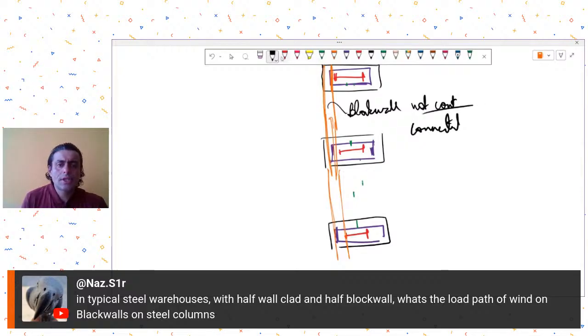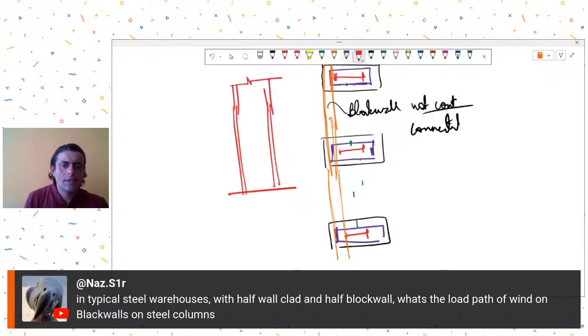In cross-sectional view, how it will look is that you will have your steel column going, let's say, up, and then you have a block wall, but that block wall is free and not connected to your steel column.